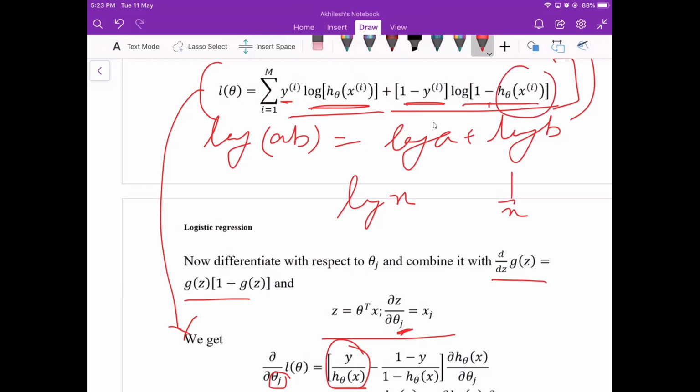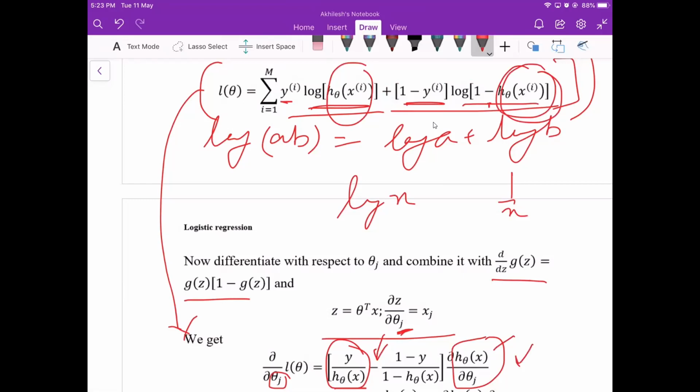Okay, so we also have to differentiate h theta. We take it outside and differentiate this h theta. There is a minus sign, so that's why there is a minus sign here. We differentiate h theta with respect to theta.